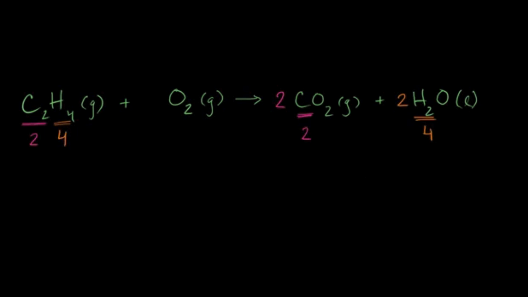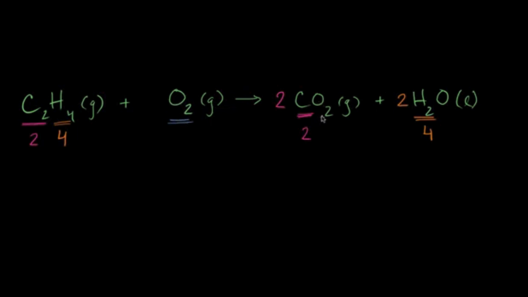Now let's do the oxygen. I've balanced the carbons and the hydrogens. And the reason why oxygen is going to be interesting, I can just count the amount of oxygen I now have here after changing the number of molecules I have. And then I can adjust this accordingly, because this is only going to affect the number of oxygens that I have on the left-hand side. Well, right now on the left-hand side, I have 2 oxygens.